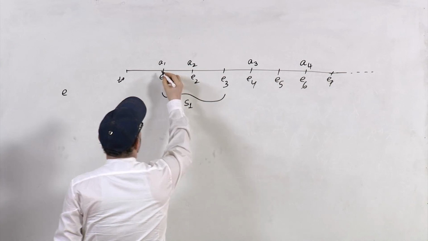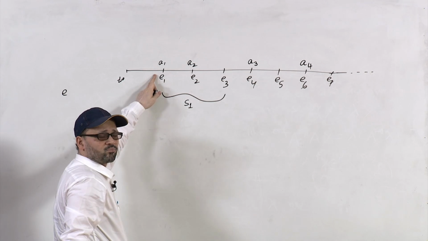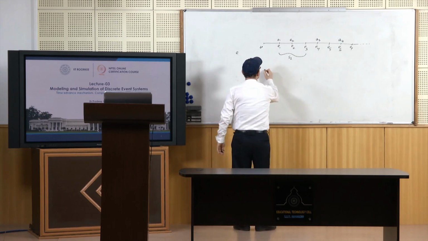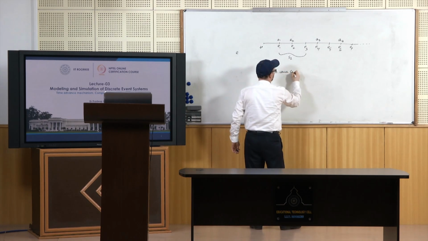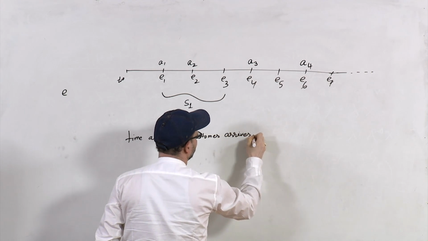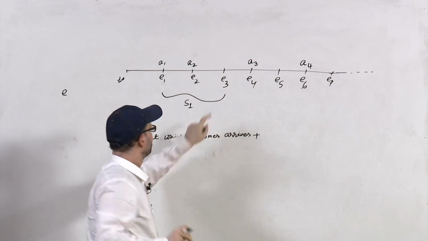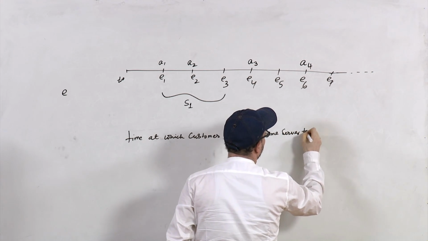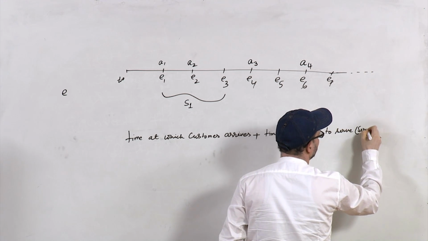So, what we see is the time at which this first customer has come, then how much it has been delayed. So, the time at which the customer arrives, then the time the server takes to serve, that is known as service time.